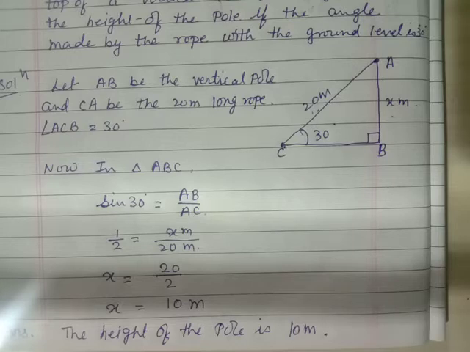Okay, so trigonometry is a very simple way to find any distance. If you want to calculate the height of any mountain or anything which is not easily possible to measure, we use this concept of trigonometry to find it.